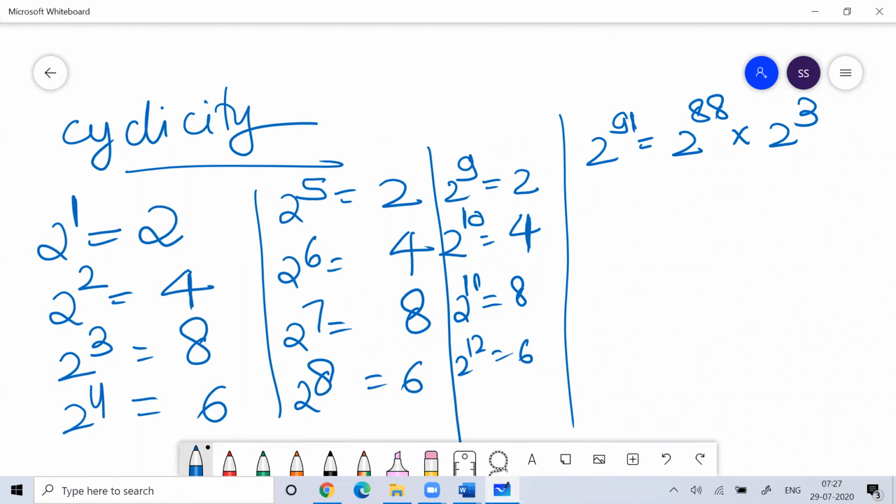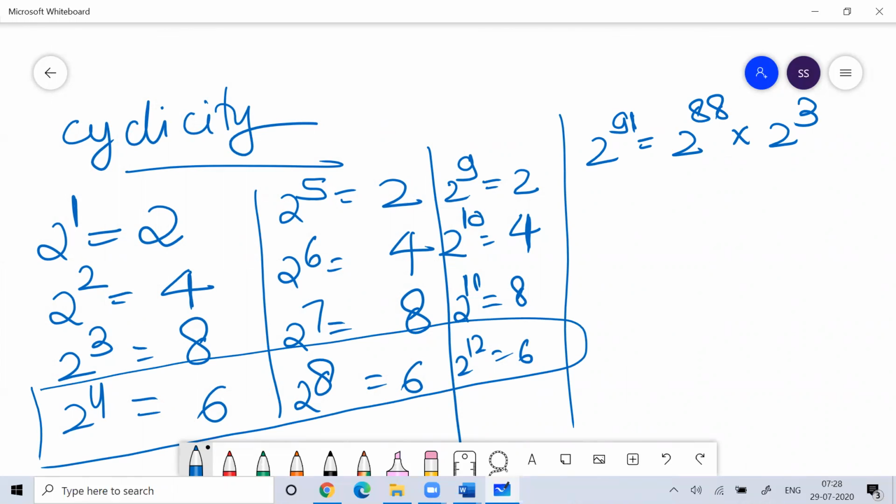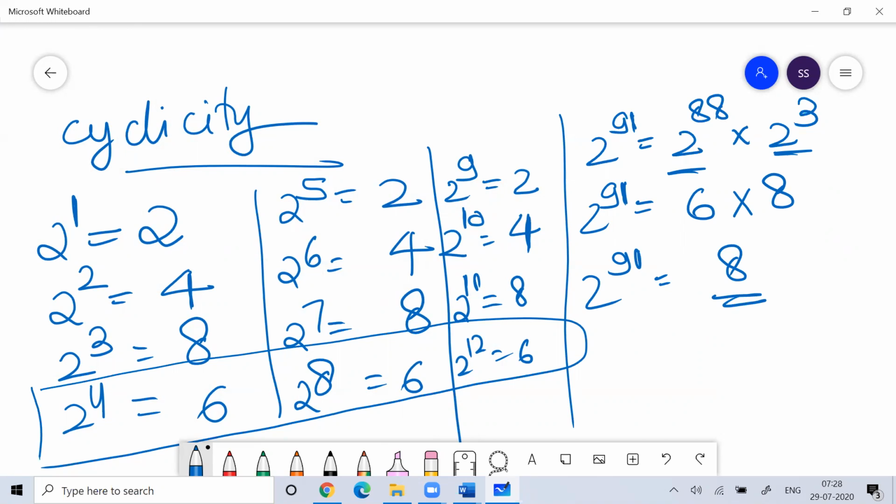All the powers of 2 which are multiples of 4 give the unit digit 6. So 2 to the power 88 has unit digit 6, and 2 to the power 3 is 8. So 2 to the power 91 has unit digit 8. I got the unit digit of 2 to the power 91.